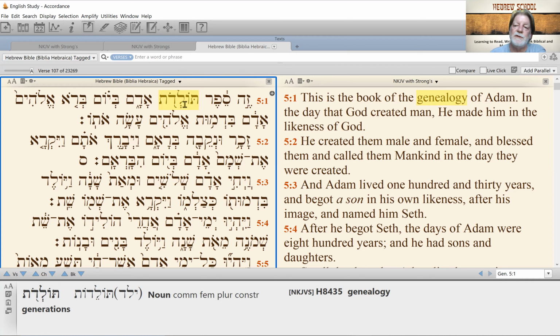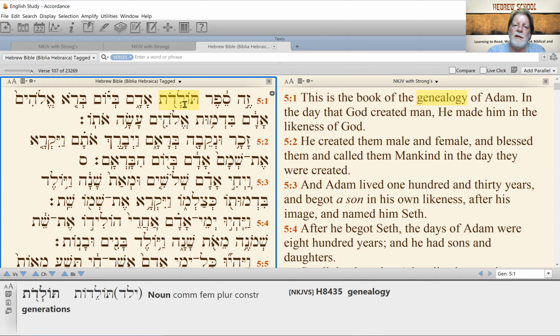And toledot is a common word in the Old Testament because the Old Testament is full of genealogies. We've already come across this word once, I believe right at the beginning of Genesis chapter 2. It talks about the generations of the heavens and the earth. It talks about that right after the sixth or seventh day of the six days of the creation or restoration of the earth to a habitable state.